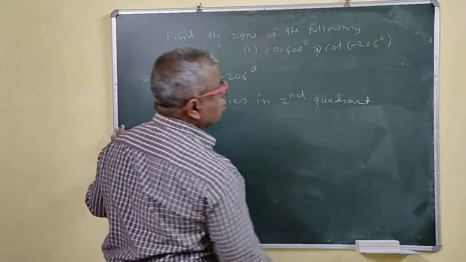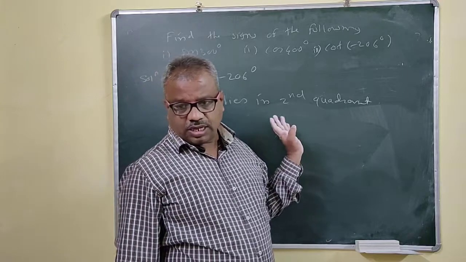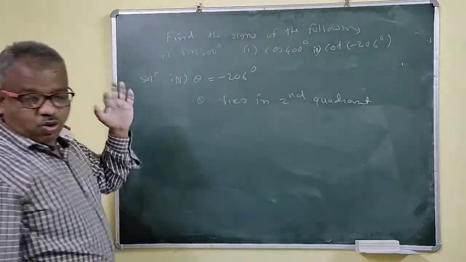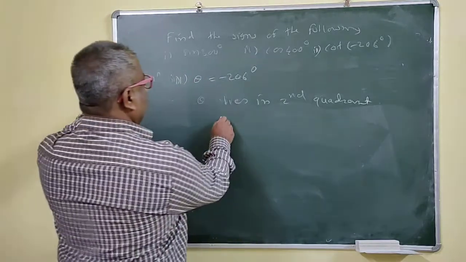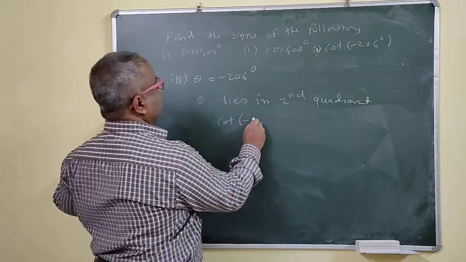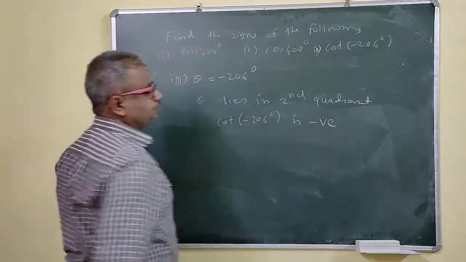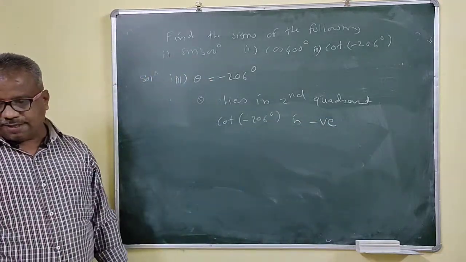And in the second quadrant, only sin is positive. That means cot is negative. So cot of minus 206 degree is negative.